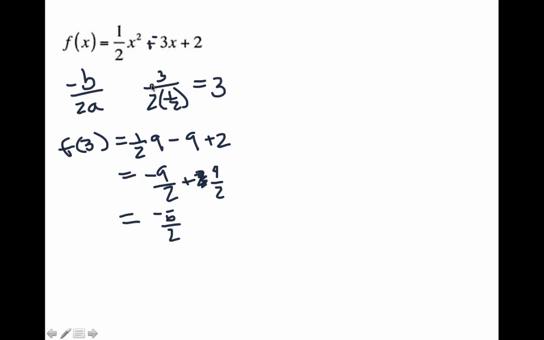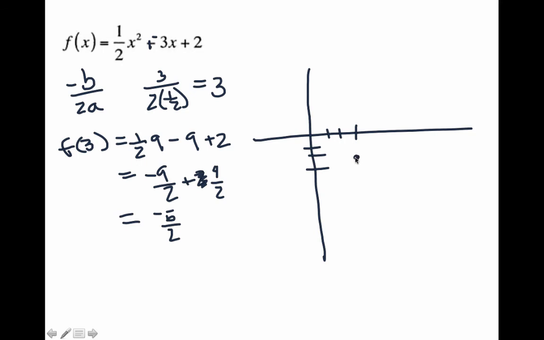From there, I can graph the function y equals 1/2 x squared. So I could start this function by going over 1, 2, 3, and going down 2.5. Treating that like it's my new h, k, putting in some dotted line axes.